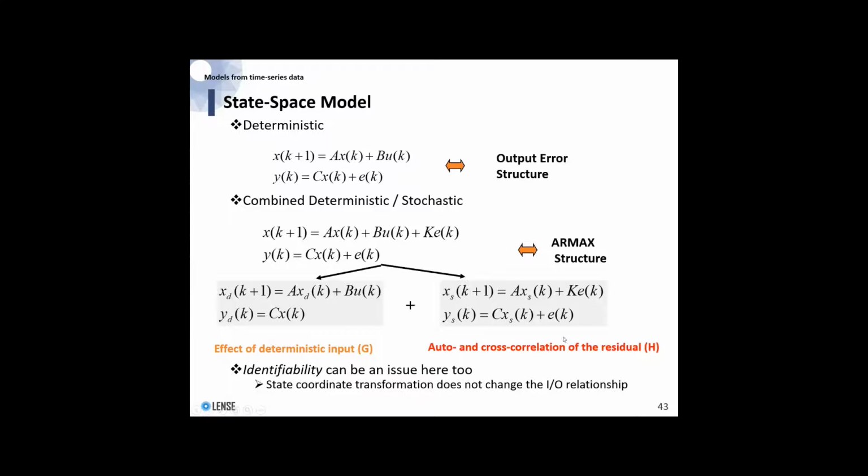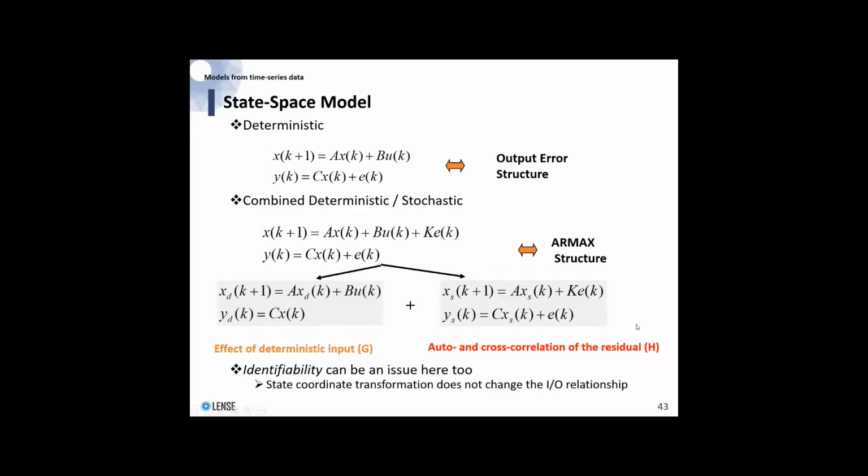So this is like the H that we saw earlier, right? That's the trend. And this is the causal part, where you're expressing the effect of input on the output, the deterministic effect. And they are put together into a single model like this. So that's a state space model.